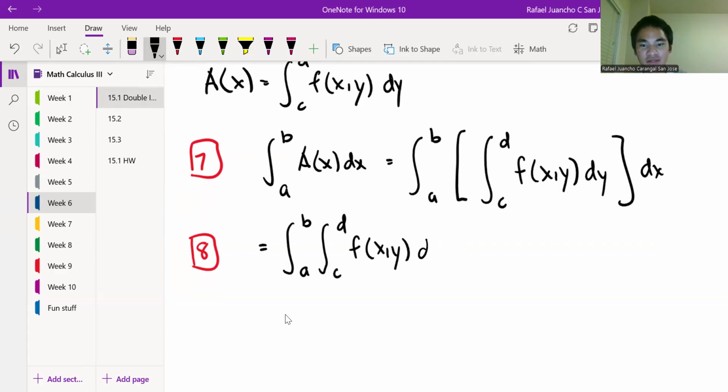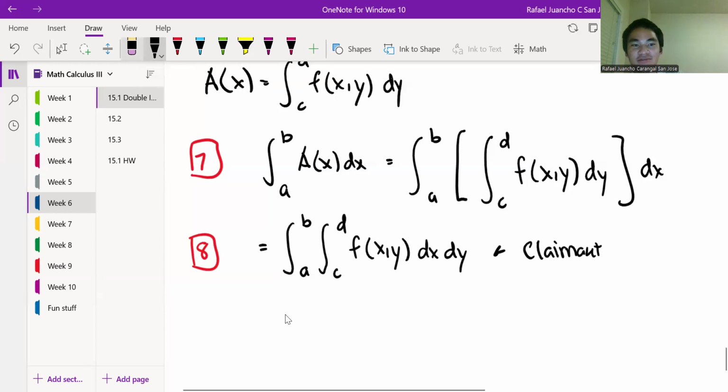Or I think the order doesn't matter. It doesn't. Why? Because of Clairaut's theorem. When we did partial differentiation, f sub xy is the same as f sub yx. So here it really doesn't matter what the order is.